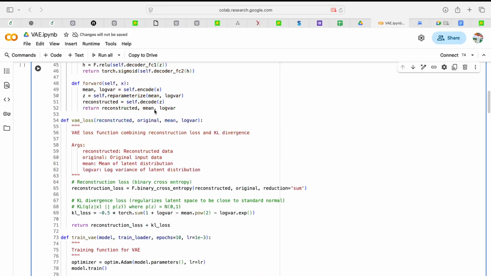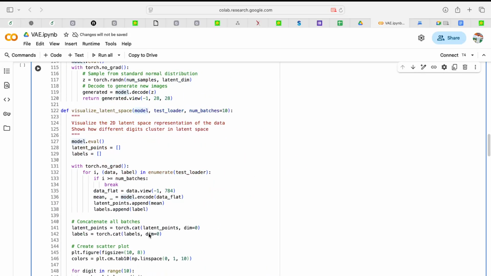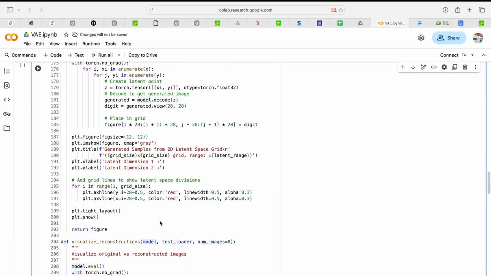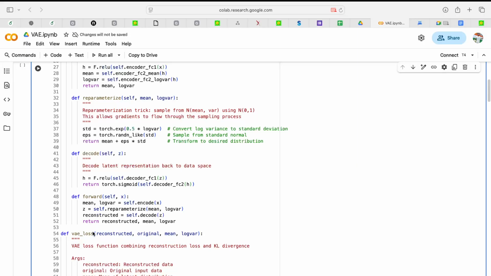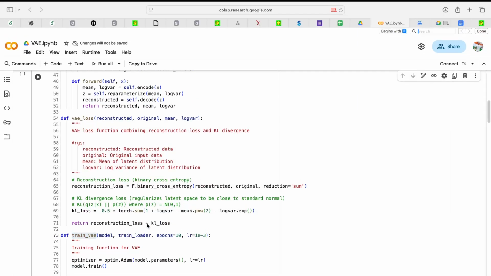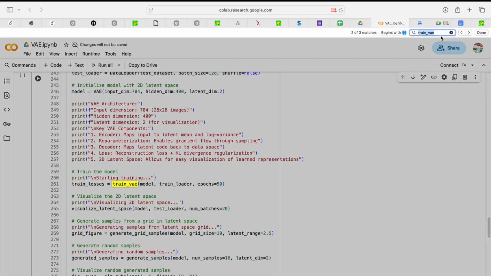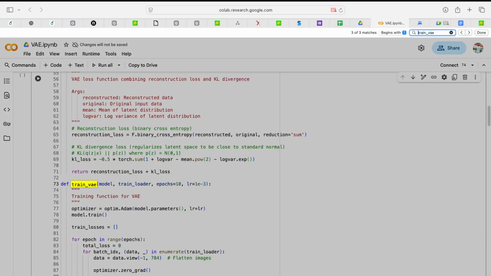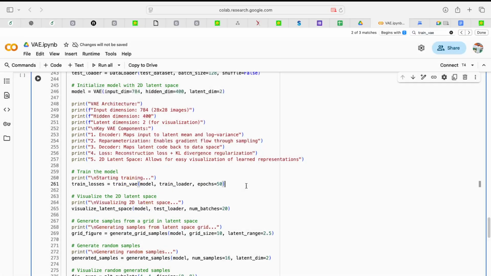We do need to define the model as well. The model is passed here, so wherever it is calling train VAE, as you can see, train VAE is called here.